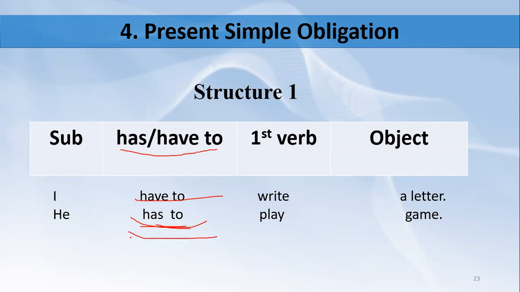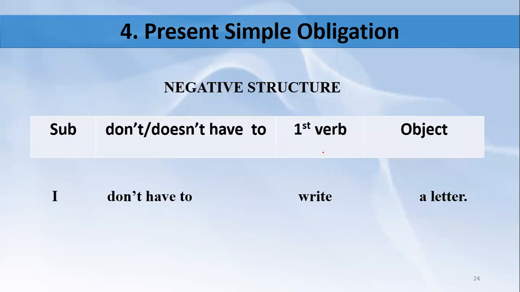They have to work hard. We have to work hard. The students have to work hard. Aslam has to work hard. Mehek Rais has to work hard. Mohsin Ihsan has to work hard. So has to and have to: subject, then according to the subject, has to or have to, and then again the first form of verb. Clear? So this is structure number one.